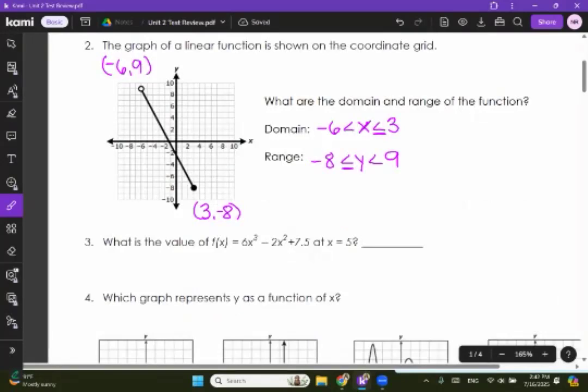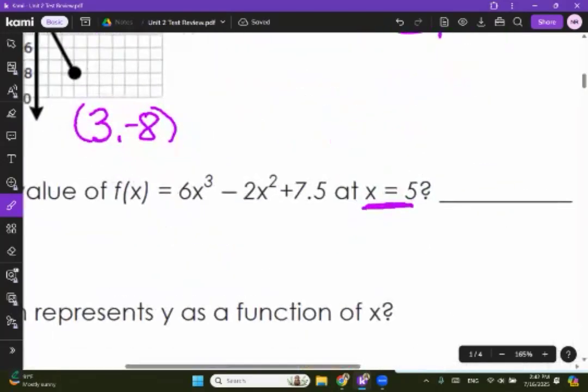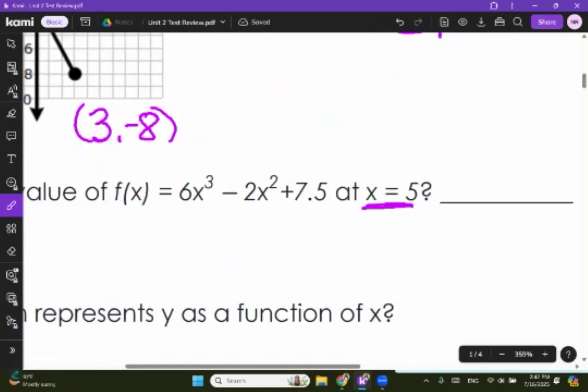What is the value of f of x at x equals 5? It's another way of writing one like number 1, where you're going to plug in a 5 anywhere you see an x. But remember, you need to be careful and look for every x in the function. There's actually 2 places that you would plug this into.